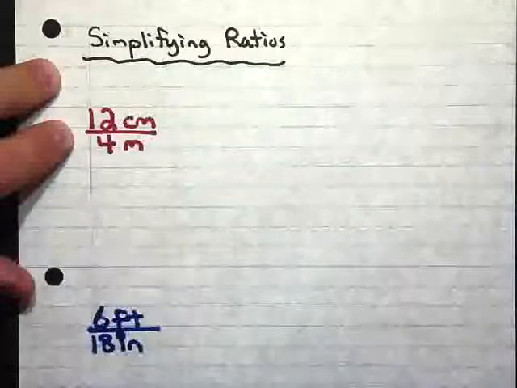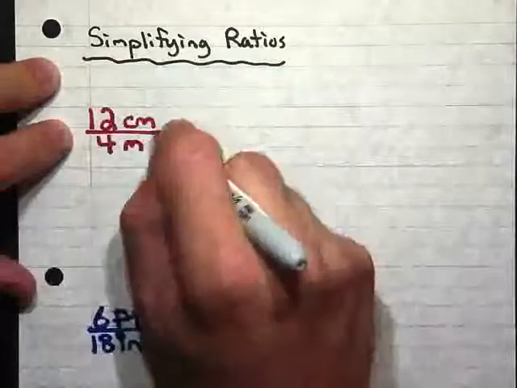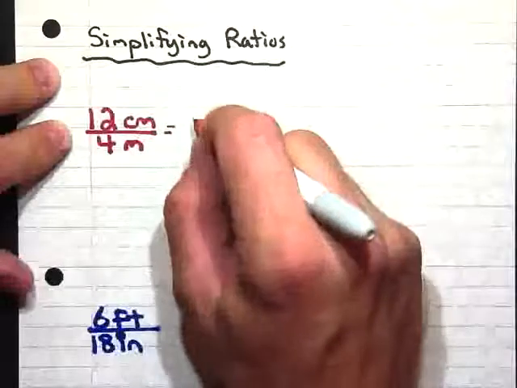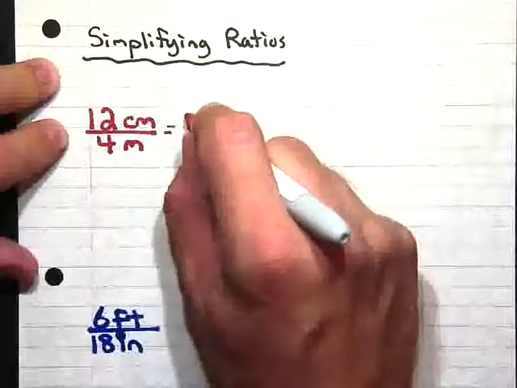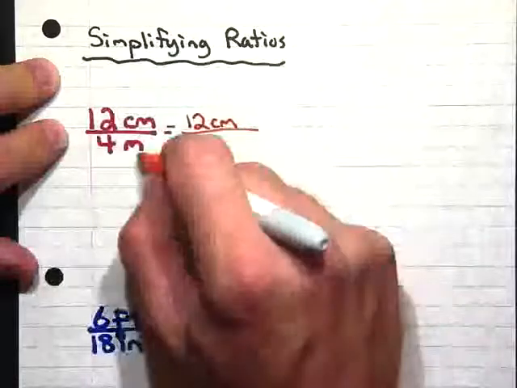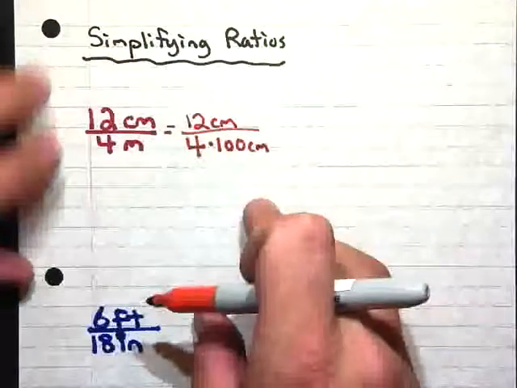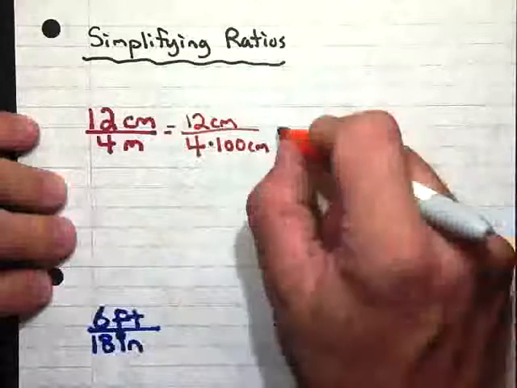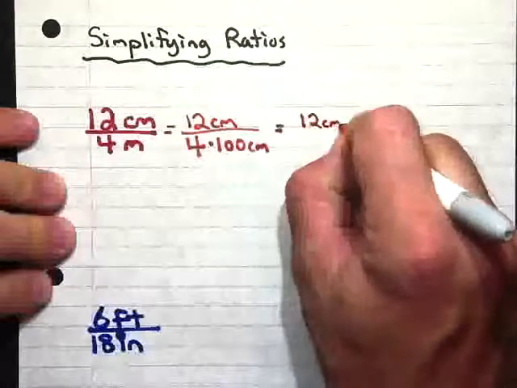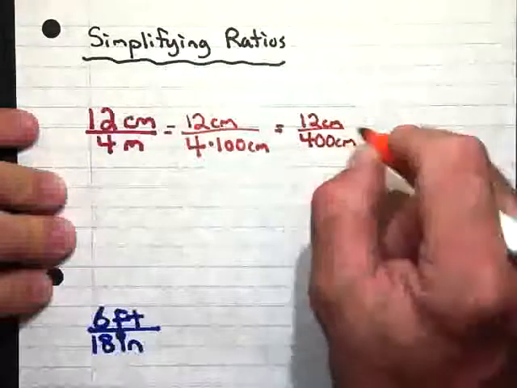Okay, and basically all we're doing is we're going to take this 4 meters and rewrite this so that we can break it down into centimeters. So the 12 centimeters is going to stay on top. We're just going to multiply this 4 meters here by 100 centimeters because for every meter it's 100 centimeters. So then we end up with 12 centimeters over 4 times 100, which is 400 centimeters.